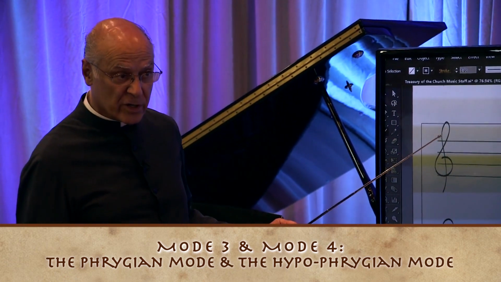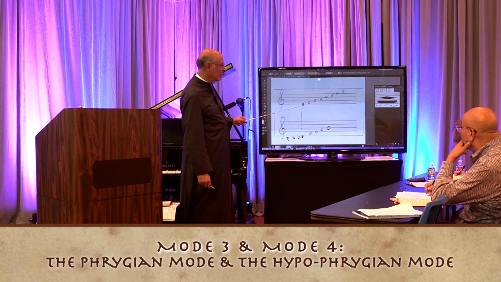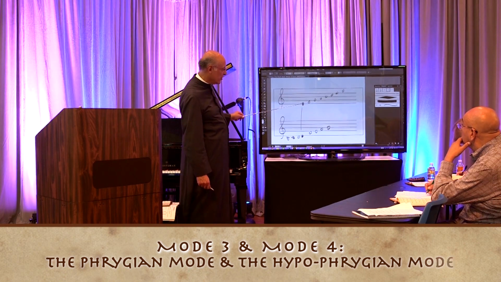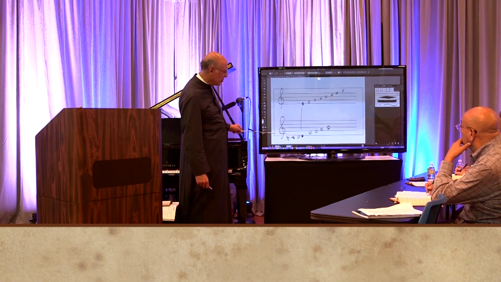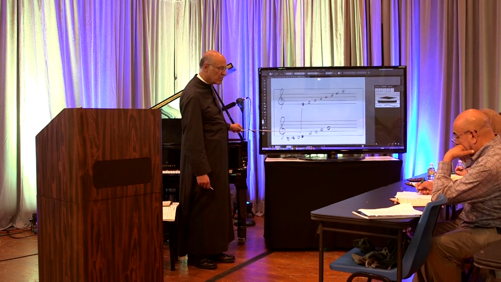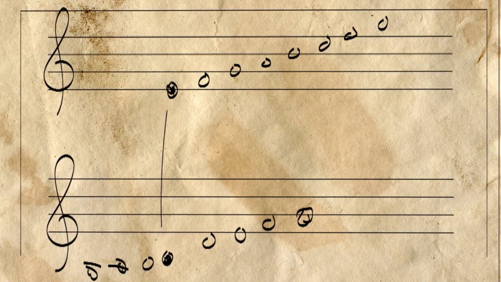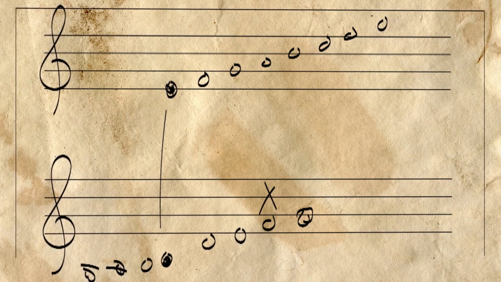This is the Hypophrygian now, right? So our final is E. This is the Phrygian mode. The Hypophrygian is also going to have the final E, and the tenor, or the dominant note, is going to be A. All right?